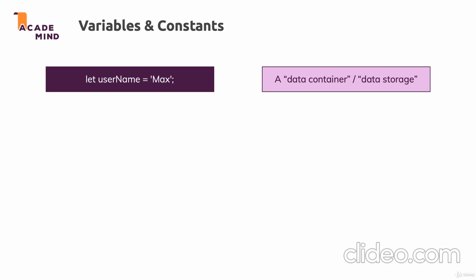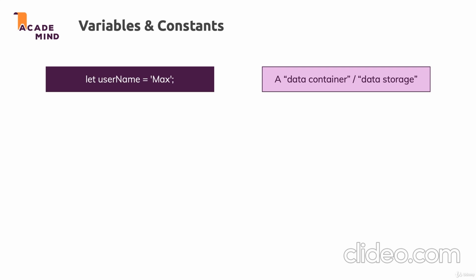So that would be data that we want to store because our program needs that data to work correctly. For example, in the calculator, we need the old result and the number the user just entered. So we need these two pieces of data to derive the new result. So we need these two variables to get our new third variable, the current result. So a variable is a data container which holds some data.